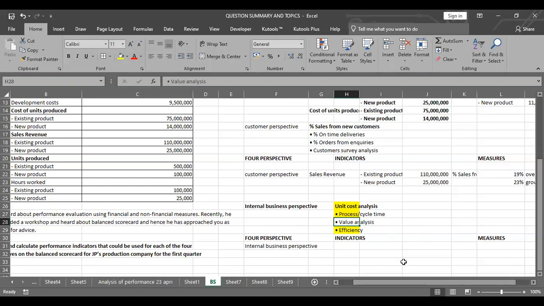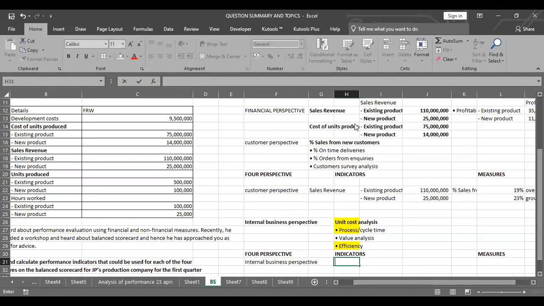So we could check unit cost analysis and see how much it is, and see whether the unit cost under existing is affordable, or it has increased, something like that. To do that, we can come here and check. We already pasted here.